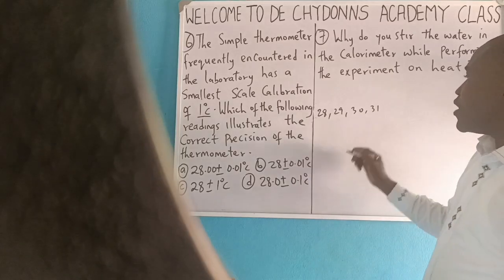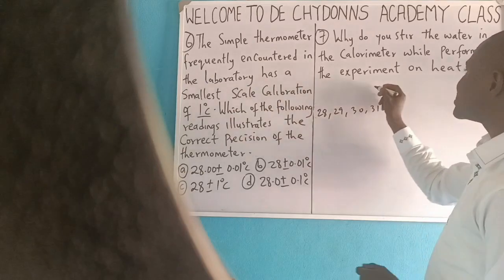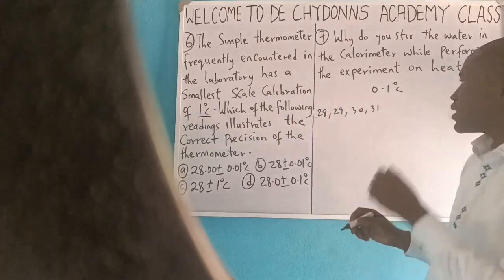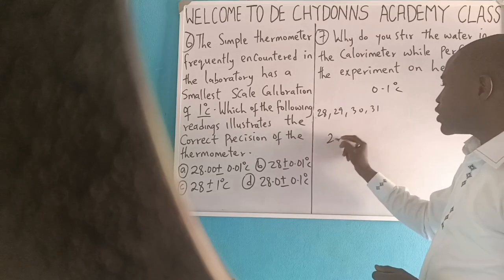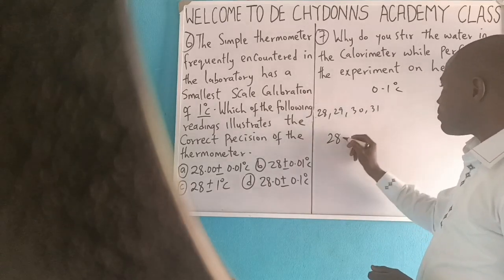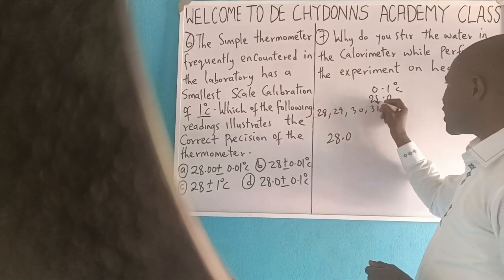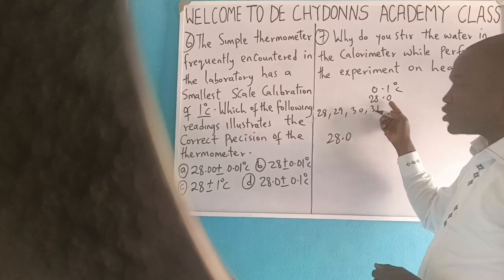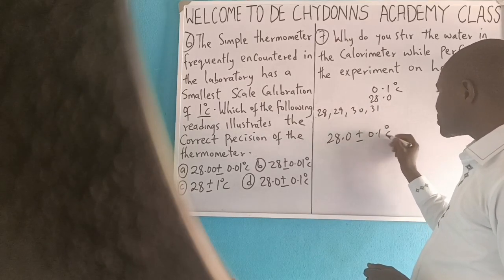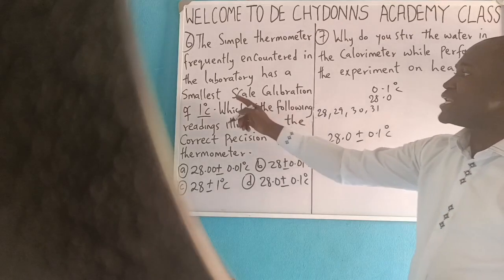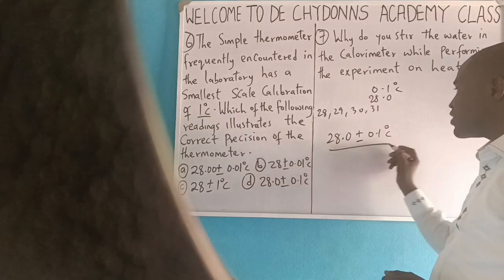So if they said that the smallest scale calibration you can get is 0.1 degrees Celsius, what it will mean is that you will be having 28.0 plus or minus 0.1 degrees Celsius. If they said that the smallest scale calibration is 0.1 degrees Celsius, we'll be having this.